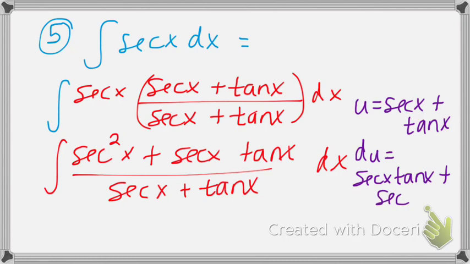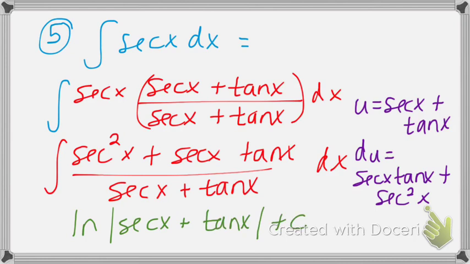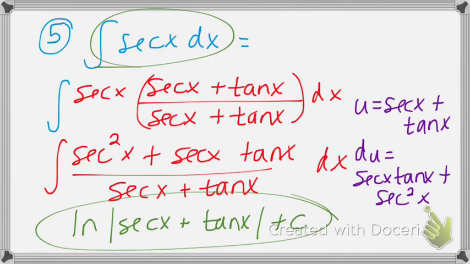Secant squared. Ta-da, look at the top. That is what the top is. So it's 1 over u. So you get the natural log of the bottom. Okay, that's the 5th rule I want you to learn. You don't necessarily have to be able to work it out the way that I worked it out. I just wanted to work it out to show you where it comes from.